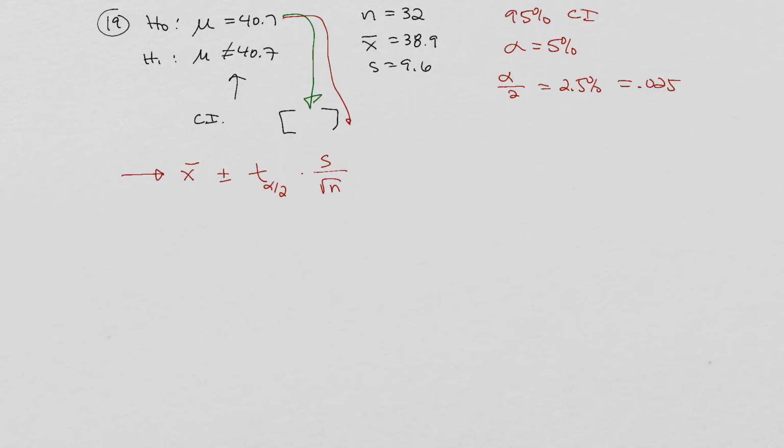To create my confidence interval, x bar is 38.9. s, the sample standard deviation, is 9.6. n, the size of the sample, is 32, so we need the square root of 32. Now, what's my t-score going to be? Well, I know if n is 32, my degrees of freedom is 31.